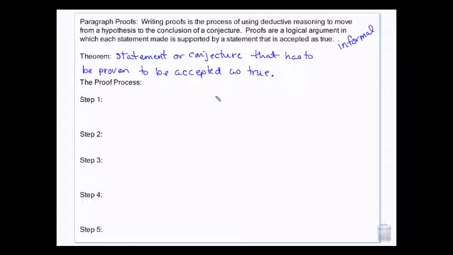So for the proof, we start by listing the given information. There will always be given information. If there's no given information, you can't prove it. Okay?